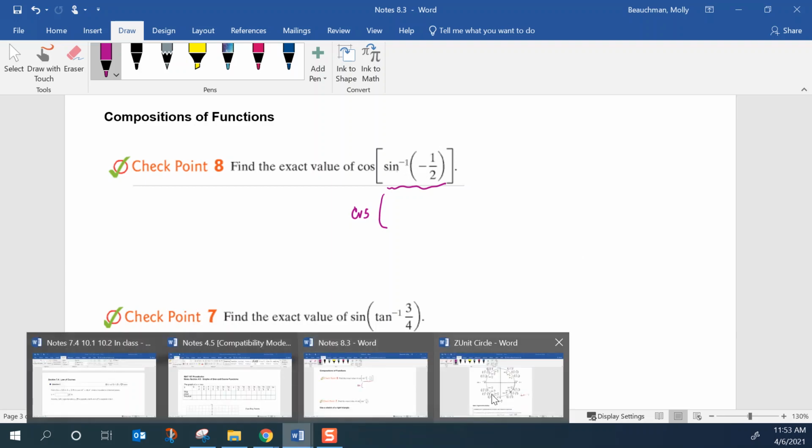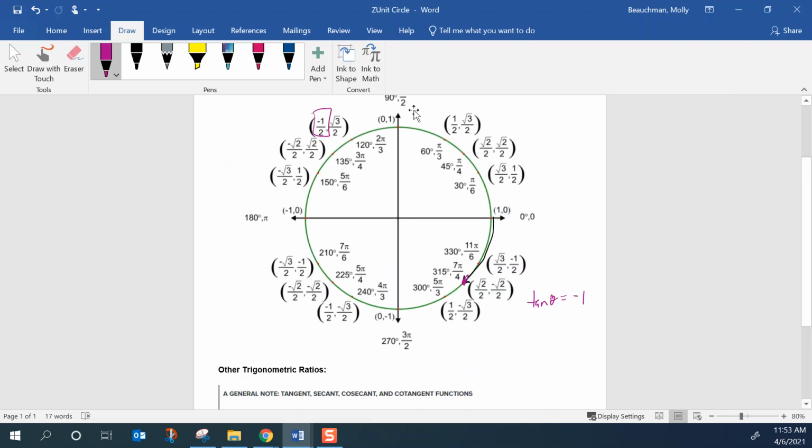And again, our domain is limited between pi over 2 and negative pi over 2. So we have 1/2 as the y value. Pi over 6 has a sine equal to 1/2. And then 11 pi over 6 has a sine equal to negative 1/2. So think of that as rotating negative.